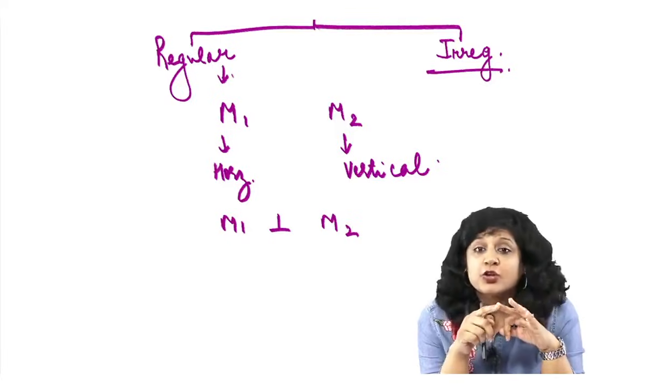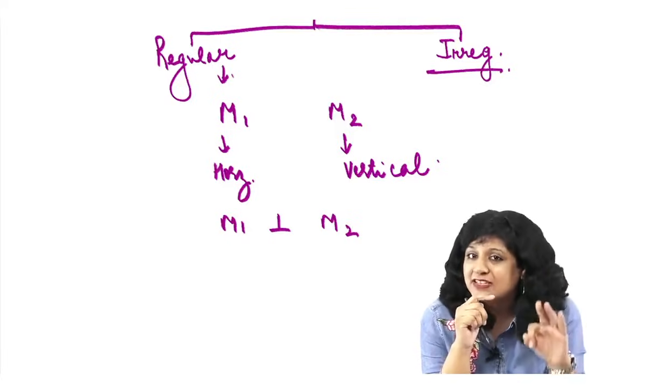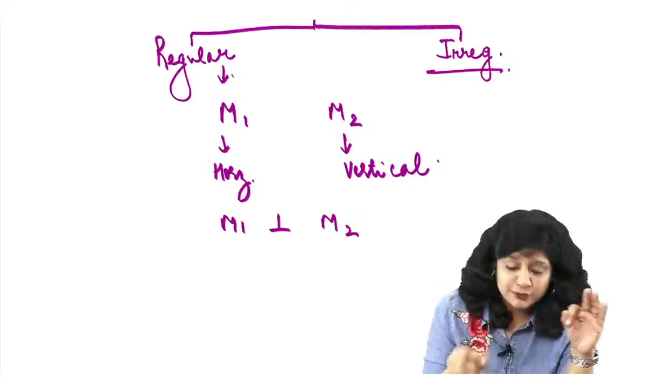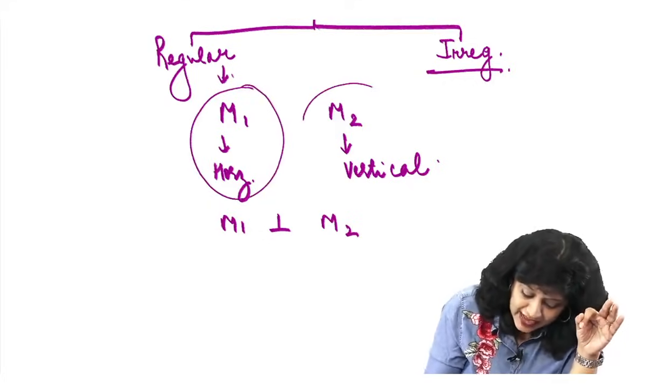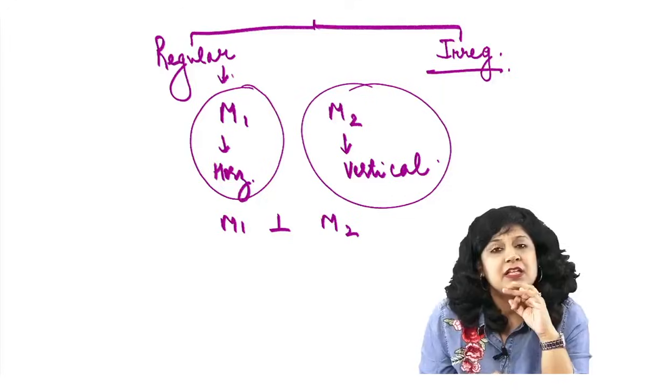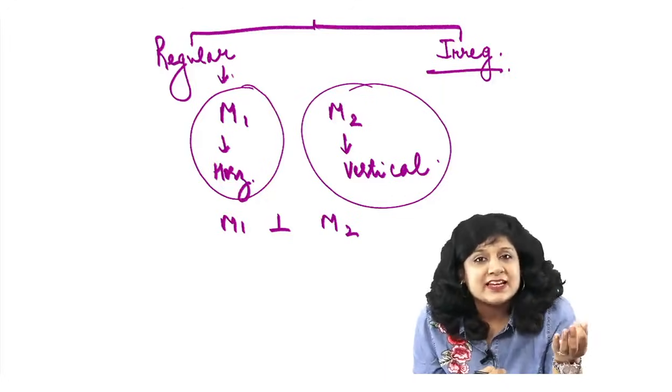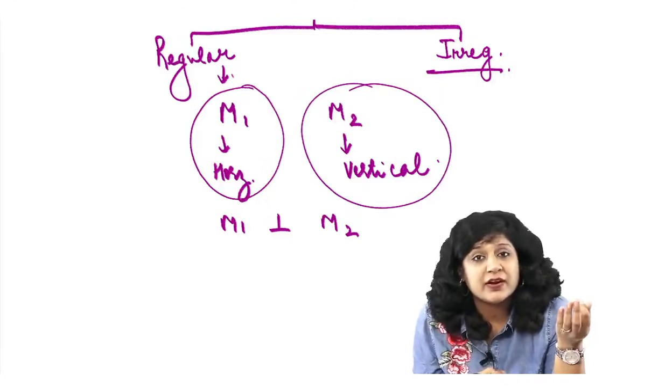And third, not only are they at an angle of 90 degrees, they are perpendicular. One of them should be horizontal and one of them should be vertical.